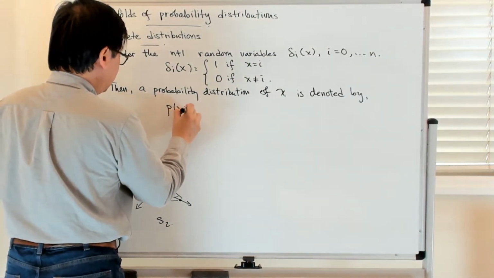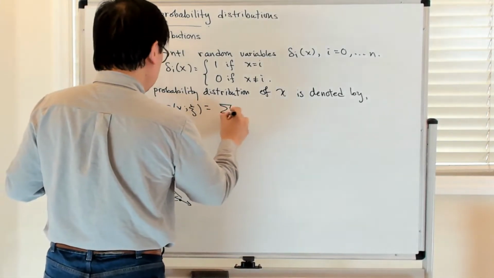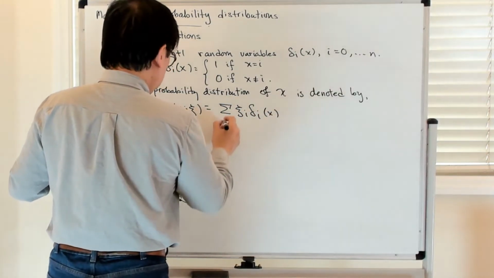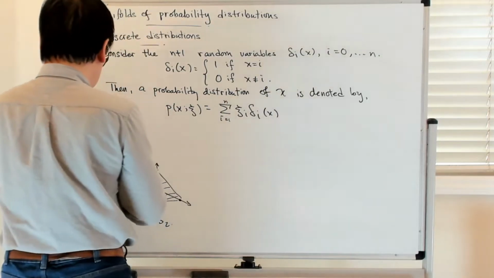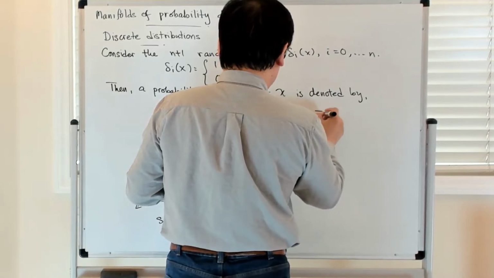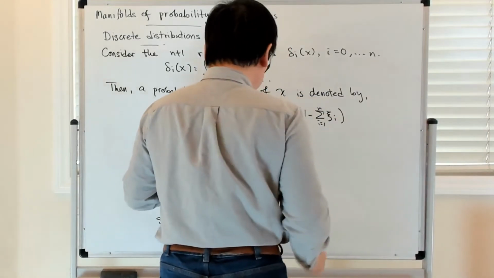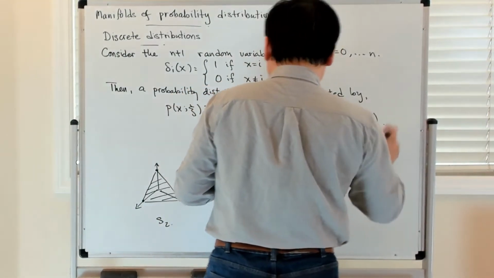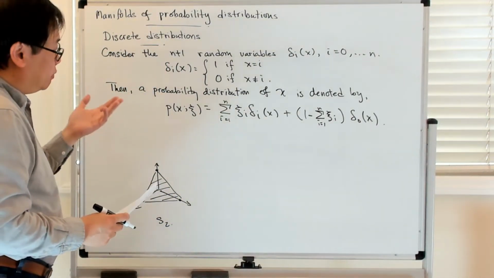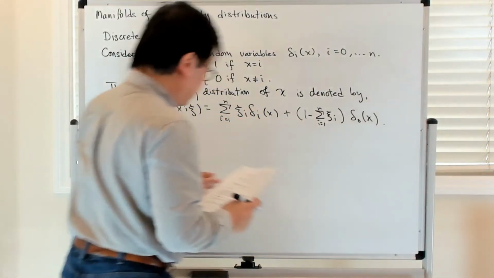So P of x, given some coordinate on that space, right, is equal to the sum of c_i delta_i of x, i equals 1 to n, plus 1 minus the sum of c_i, i equals 1 to n, times delta_0 of x. Okay, so given a point with respect to this coordinate chart, which we talked about, this is the associated probability distribution.